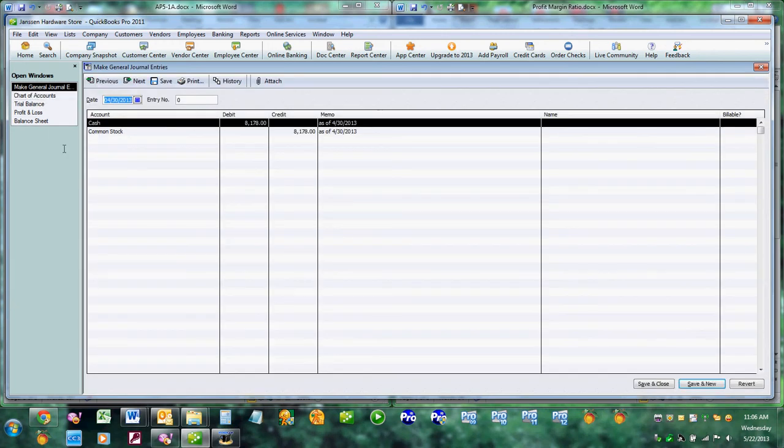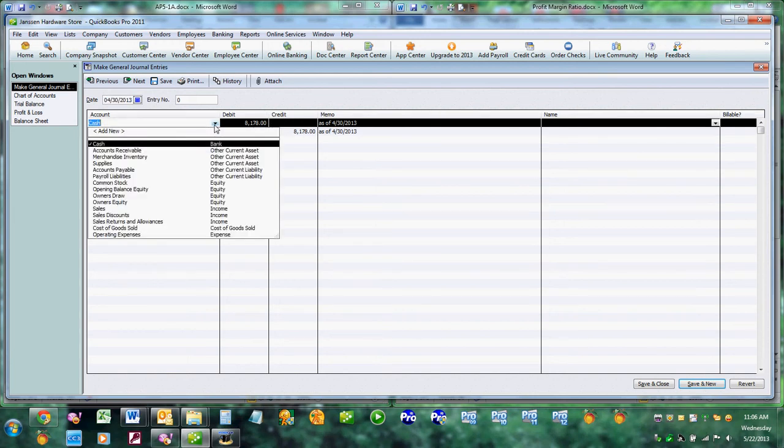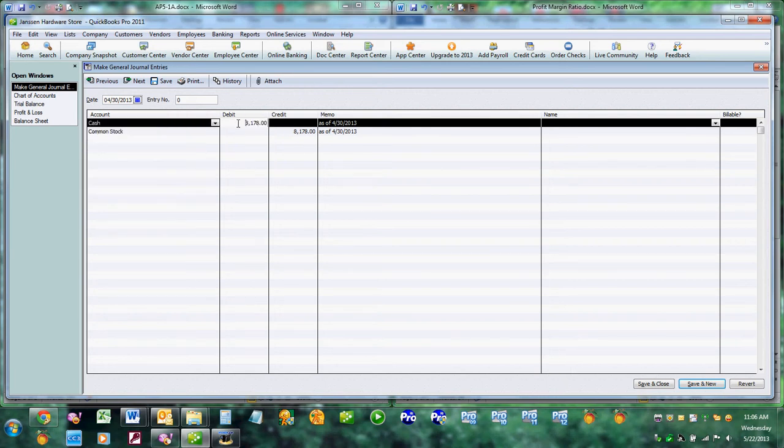So the first journal entry is a debit to cash of $81.78 and credit to common stock of $81.78. That's by selecting cash from the account list, putting in the debit, to common stock. And it's as of 4/30/2013, and we're going to be dealing with the next month.